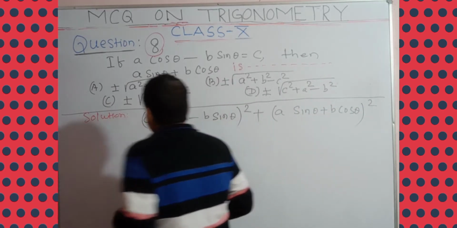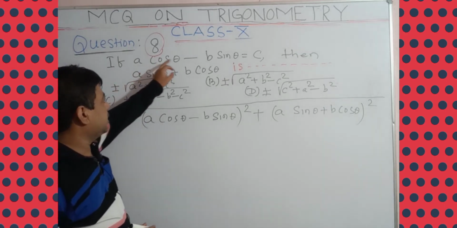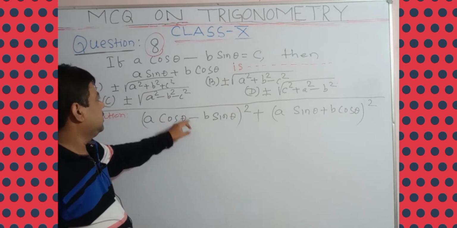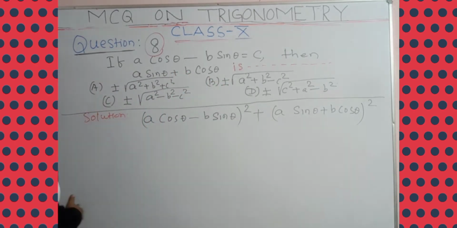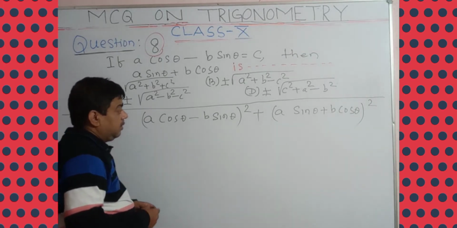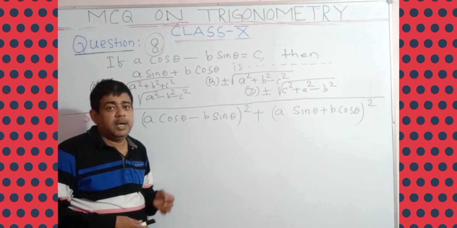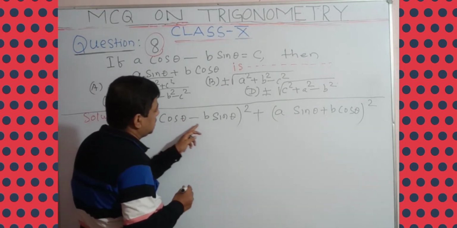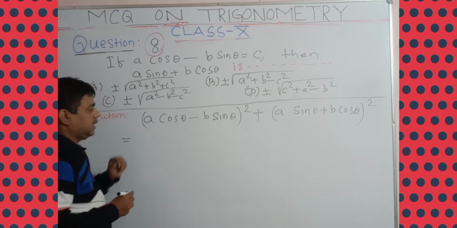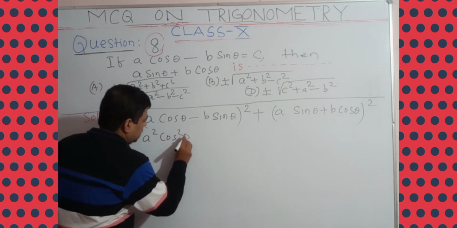Look at this specific question for you: a cos theta minus b sin theta whole square, and a sin theta plus b cos theta whole square. Is it clear? Then we have to use the formula of a plus b whole square and a minus b whole square. Here you see now a cos theta minus b sin theta whole square, here the first term is a cos theta, so it will be a square cos square theta.